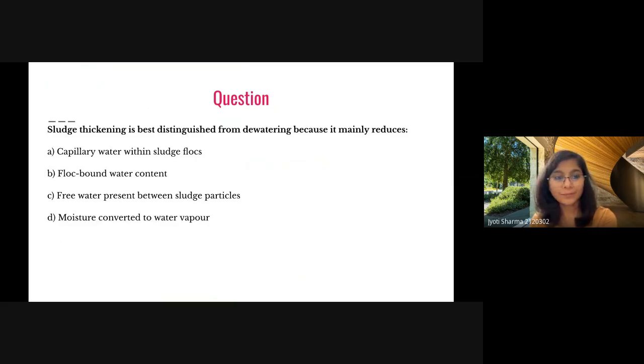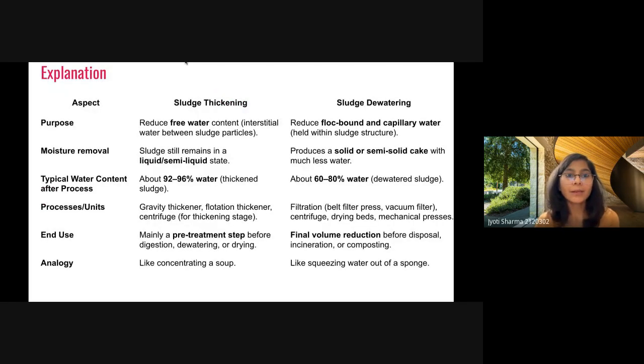Okay. Let me see. Okay, so yes, Sagar gave me the right answer: it mainly reduces free water that is present between sludge particles. I have one slide here by which you can understand.